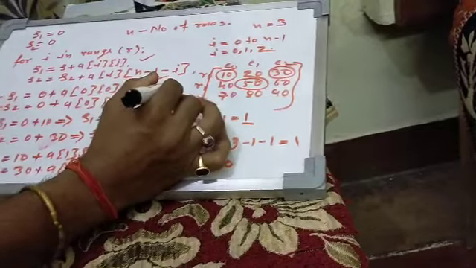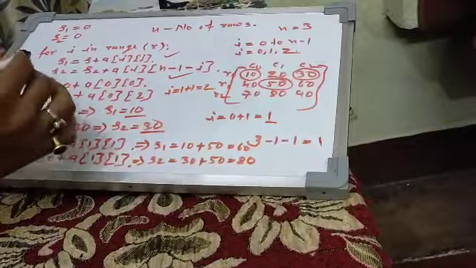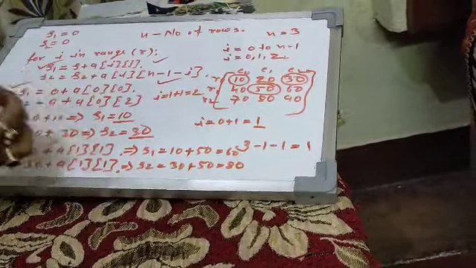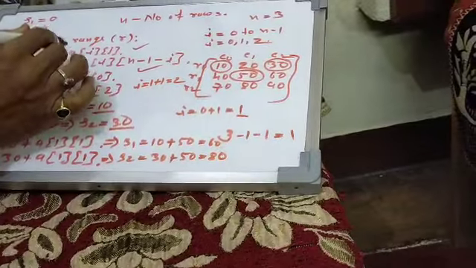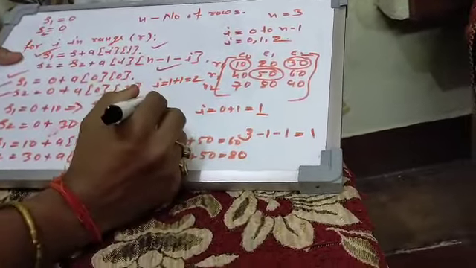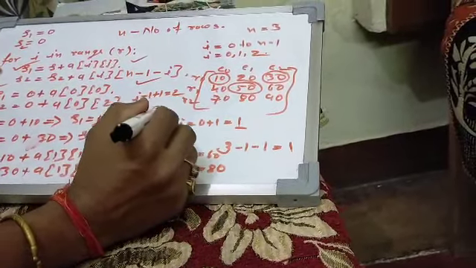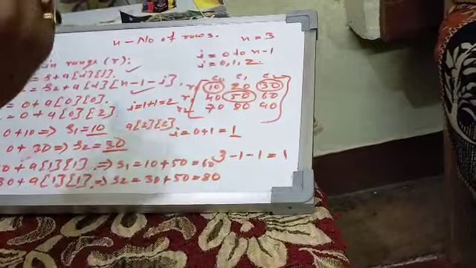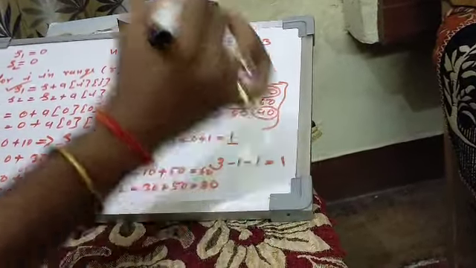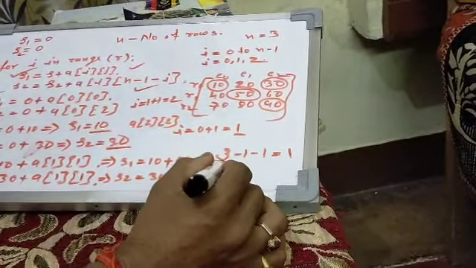Now according to this statement, S1 is equal to S1 plus Aij, means A 2 and 2. What will be the value of 2, 2? 90, and what is the last value of S1? 60.